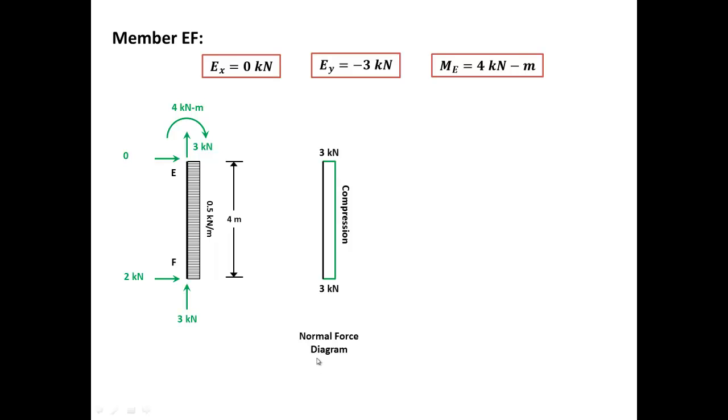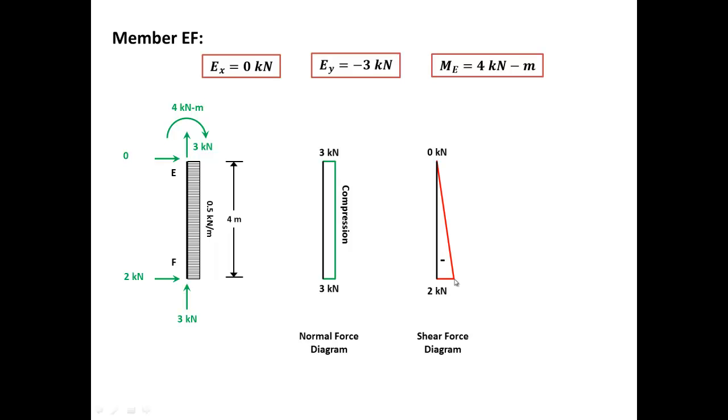What we see right here is the normal force diagram, and remember we said it's in compression, and the value is 3 kilonewtons. Okay, for this one, it's a shear diagram. It starts at point F with 2 kilonewtons pushing this way.